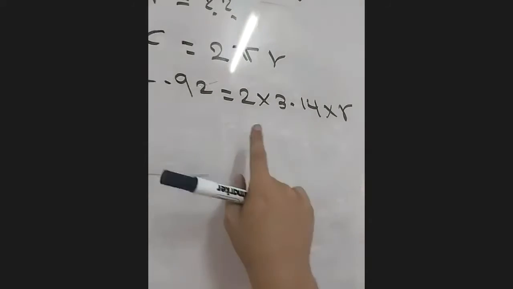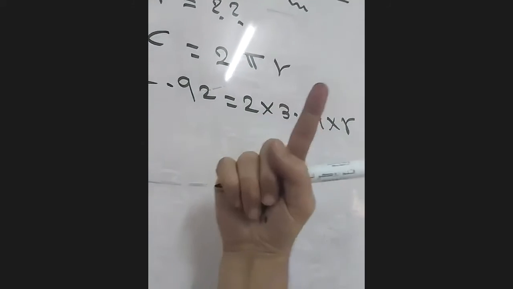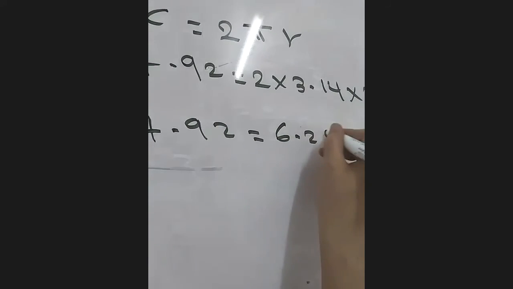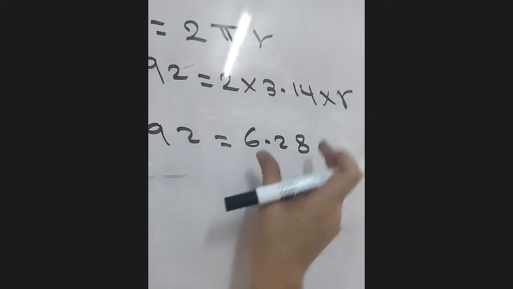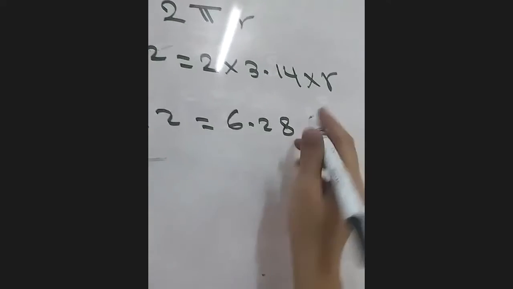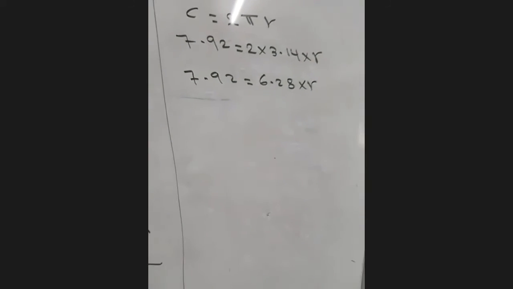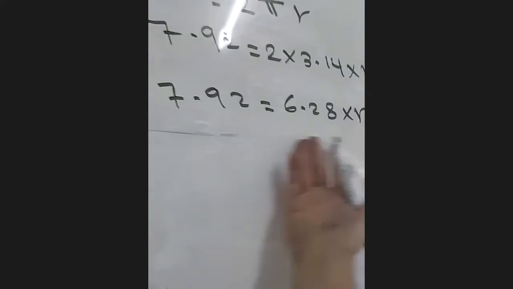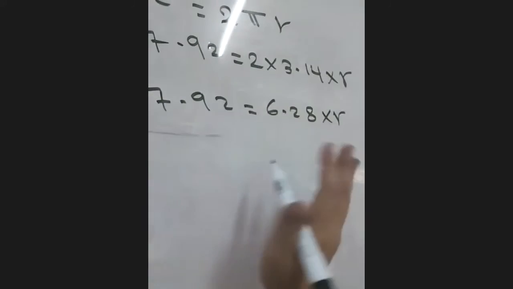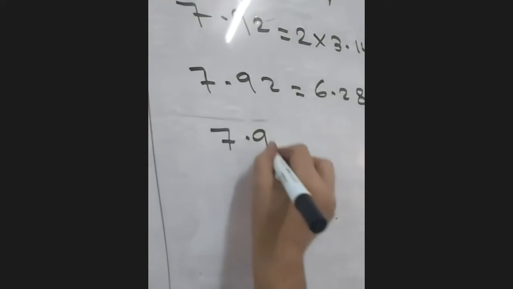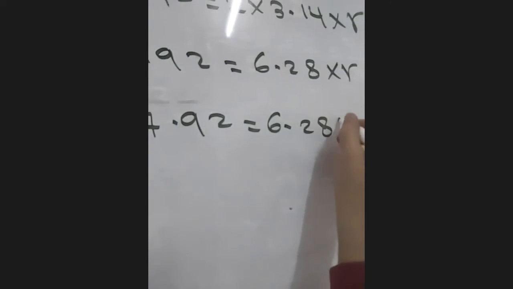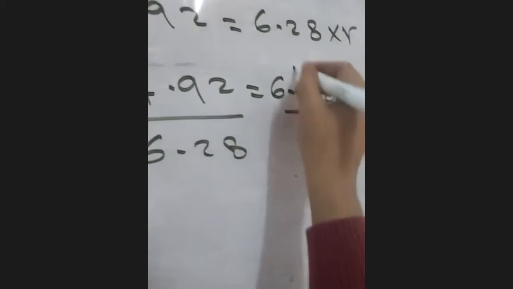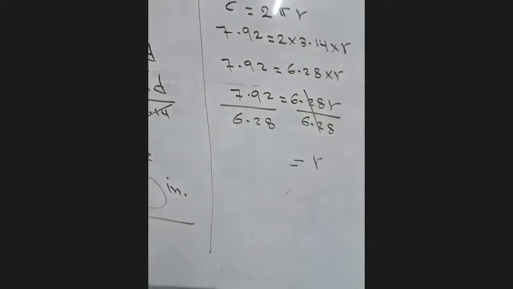First step, I will multiply these two numbers to make them one number. 2 times 3.14 is 6.28, so 7.92 equals 6.28 R. Now, I will divide both sides by the number beside the R. We have a one step multiplication equation, so we do division. Divide both sides by 6.28.